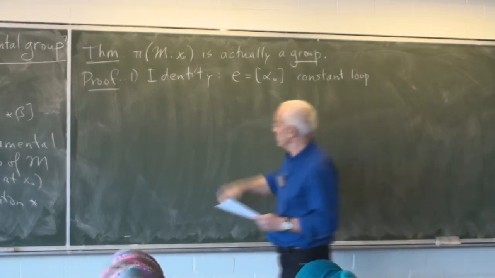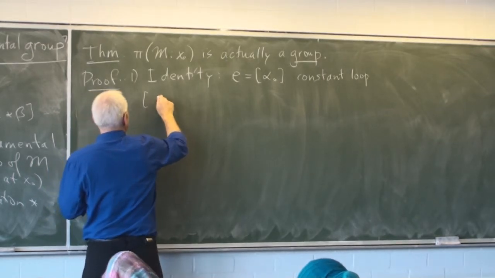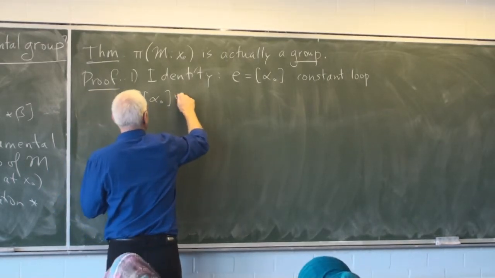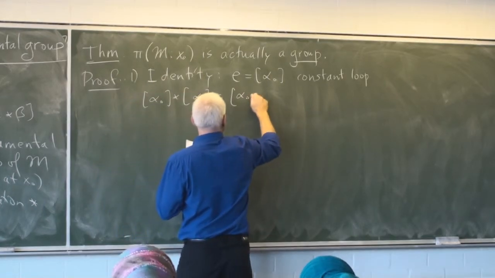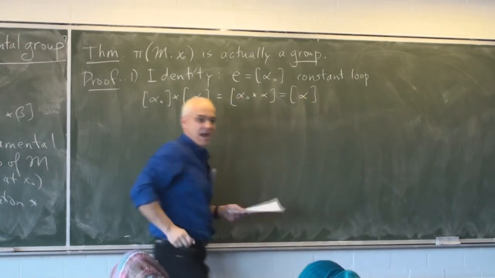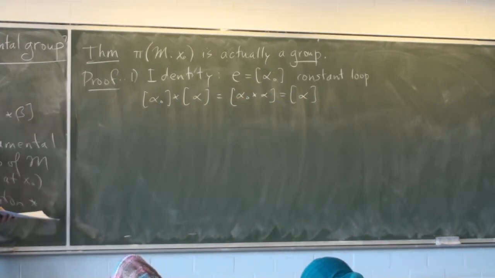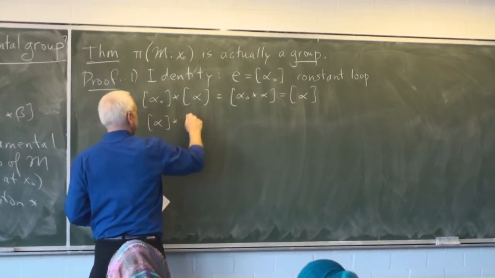And so what we need to do is prove that if we take this alpha 0 and multiply it by any alpha, so that's alpha 0 times alpha, that we get back alpha. And also we need to check the same the other way around.